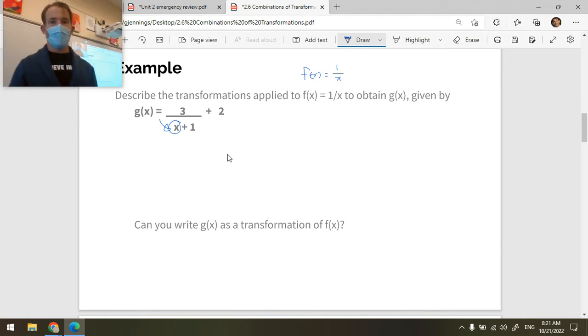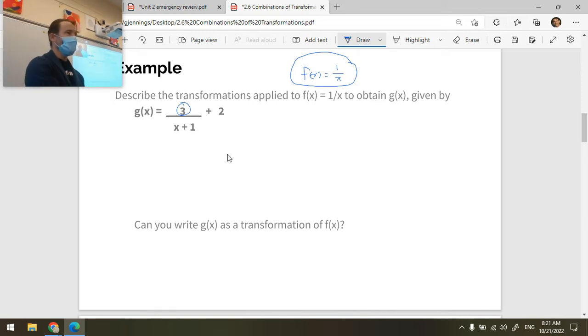So let's take a look at what transformations we would have to do to get this function. All right. Well, let's first look for any multiplications. I see that my base function is 1 over x, and this one is 3 over x. This is an A transformation. This was multiplying the whole function.